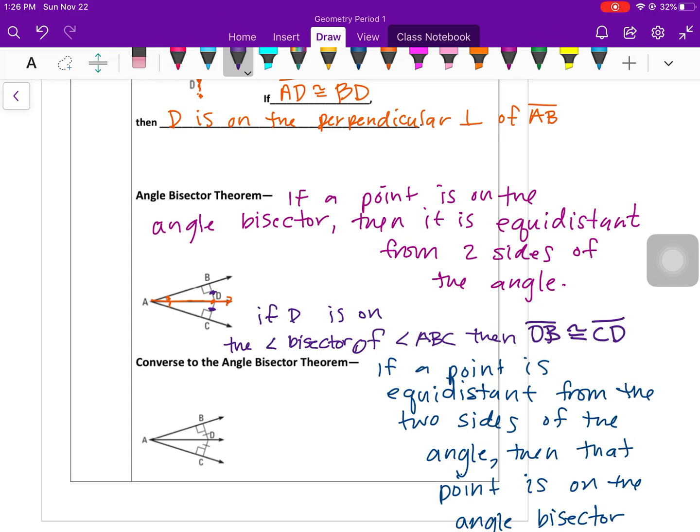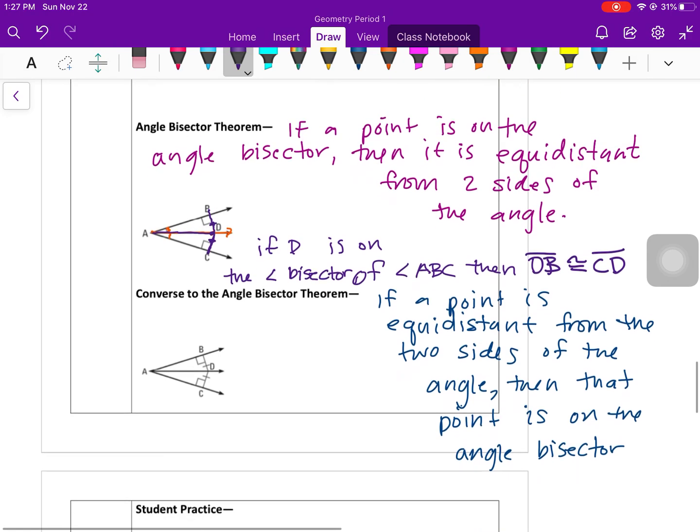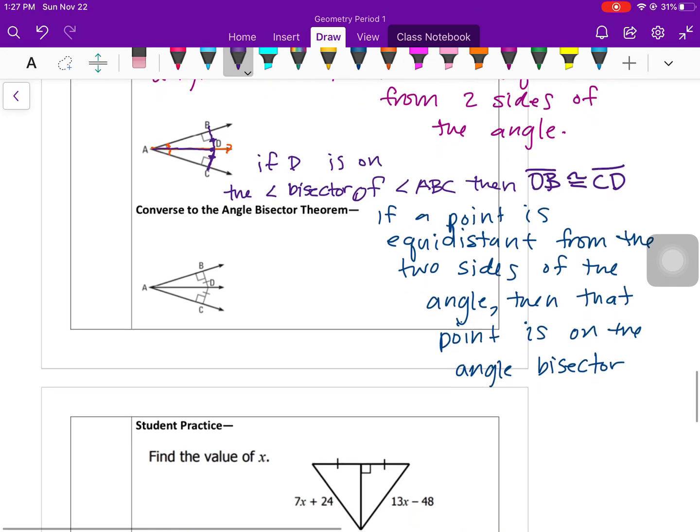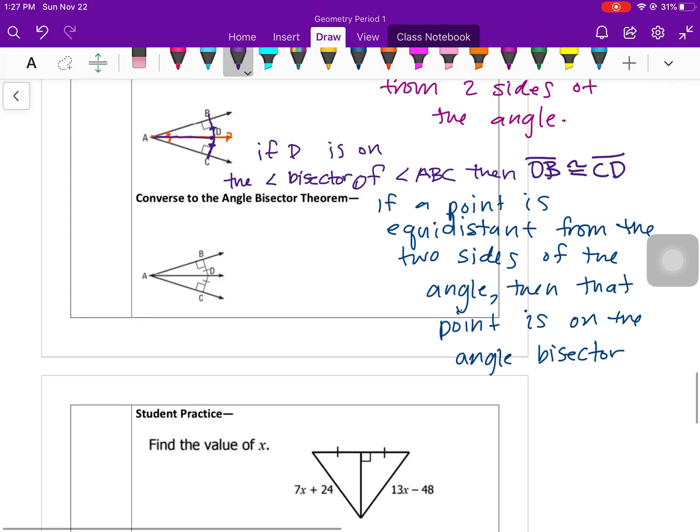Sorry, this got a little squished. So if D is on the bisector of the angle, and I'm connecting these two pieces together, I know that those two segments have to be congruent. Now I have my equation and I can set that up.